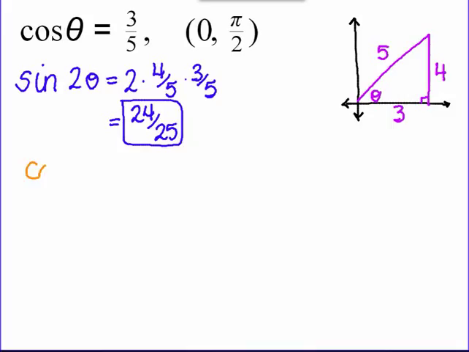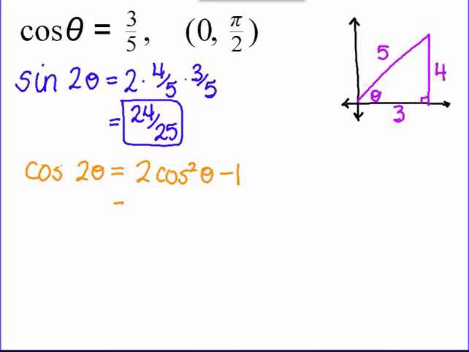What formula are you going to use? 2 cosine squared minus 1. So 2 cosine squared theta minus 1. So what does that equal? Cosine would be adjacent over hypotenuse, 3/5.